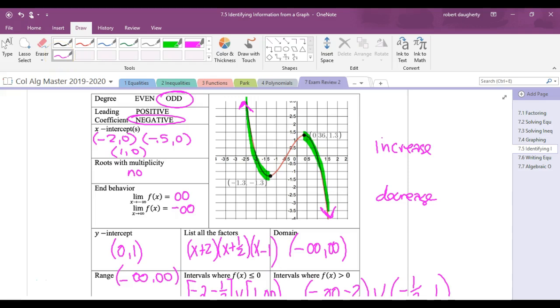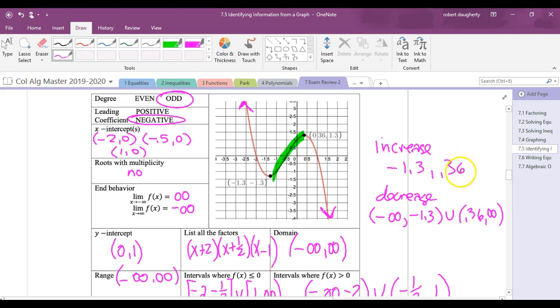So decrease from negative infinity over to negative 1.3, and from 0.36 to infinity. Intervals of increase. It looks like as I travel from left to right, I'm only increasing over that one interval. That's the interval from negative 1.3 over to 0.36.